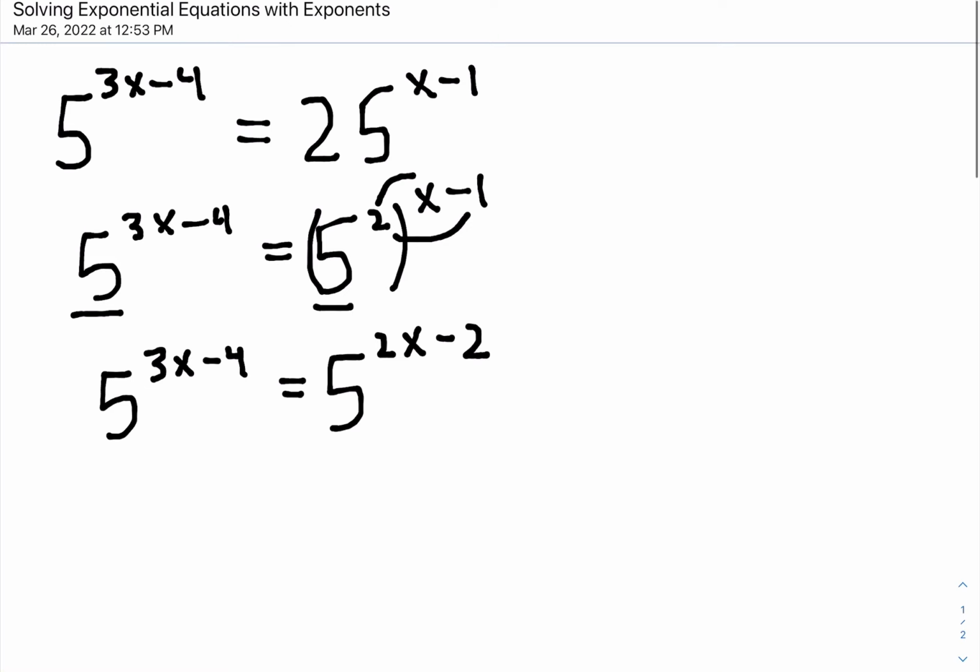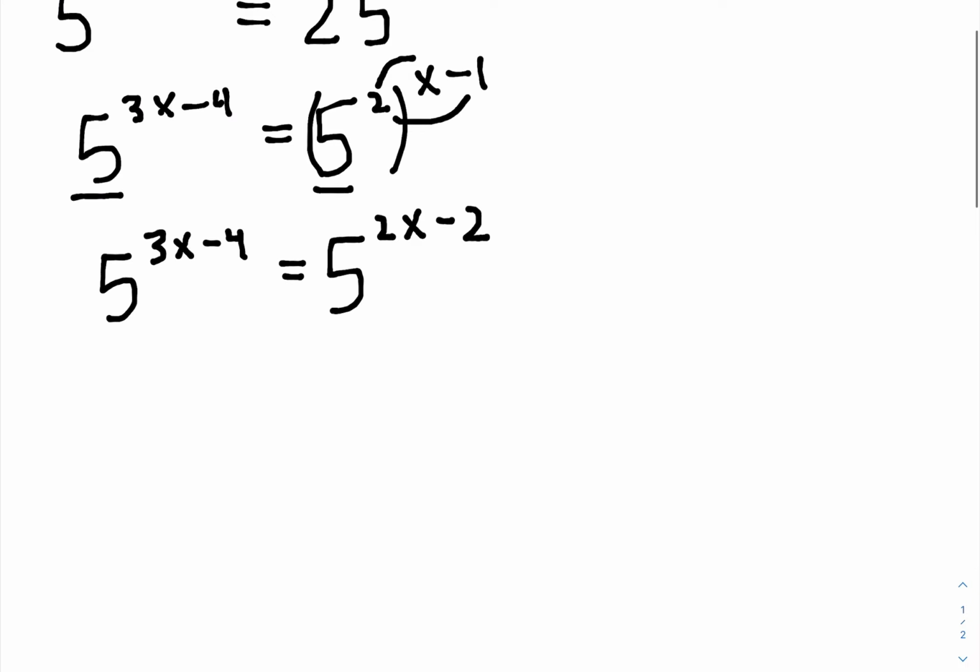Okay, so the great thing about this now is that I can essentially ignore the bases because if this side equals this side, right, 5 to the power of something equals 5 to the power of something else, that's saying that the exponents are both going to be equal to each other because it's 5 on both sides being raised to that same exponent.